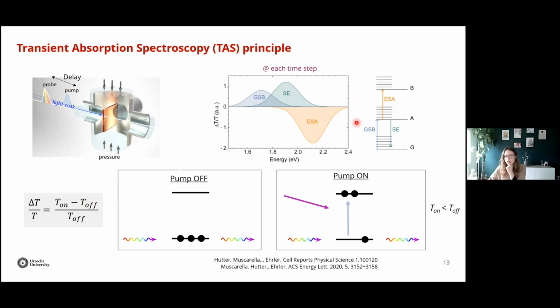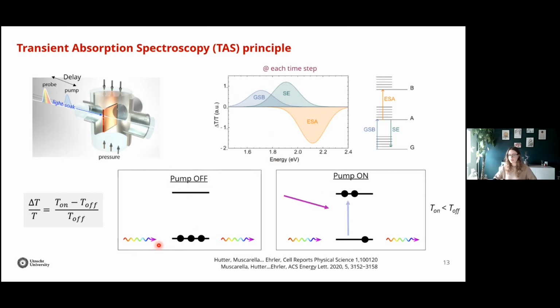So the information out of this technique is sometimes very complicated because you can have many signals. And the one that we are focusing on is the ground state bleach, which is the excitation of this charge to the excited state. And in this configuration it is positive. The reason why it's positive is that when you have your pump off, you only have the probe light, which interacts with your population in the ground state.